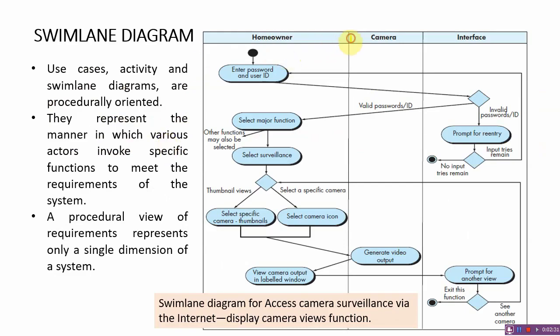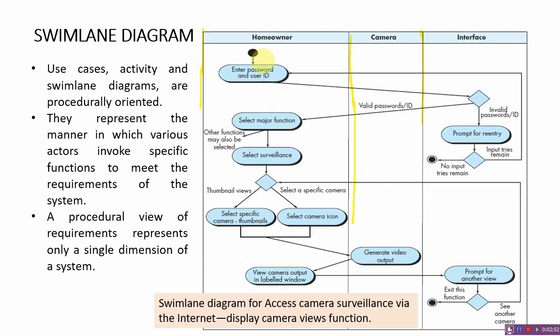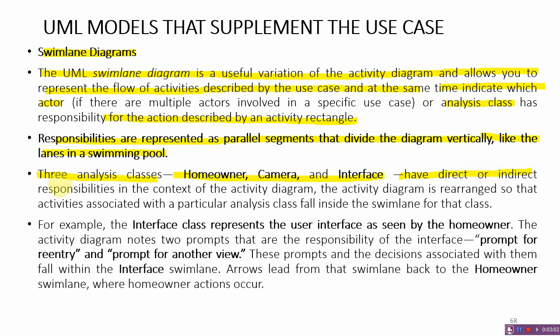The responsibilities are divided by using this vertical line, and this looks like lanes in a swimming pool. You can see over here there are three analysis classes: homeowner, camera, and interface. They have direct or indirect responsibilities in the context of the activity diagram.